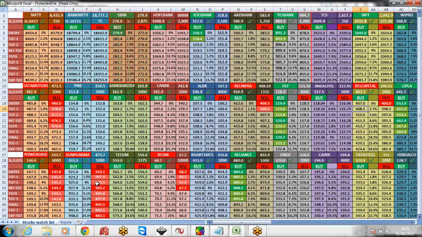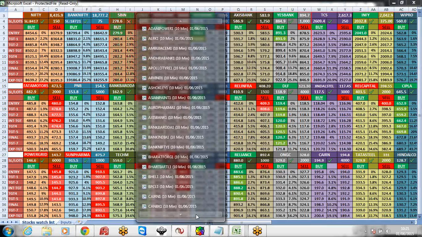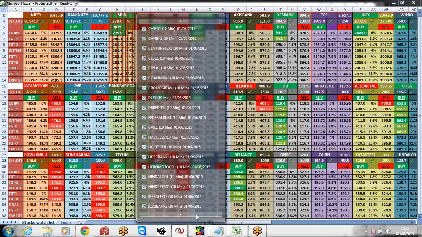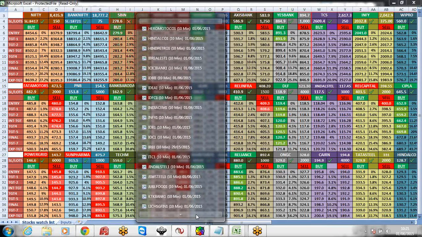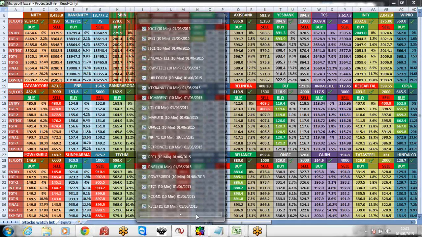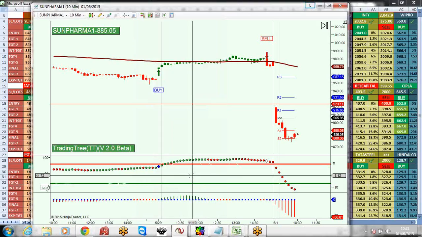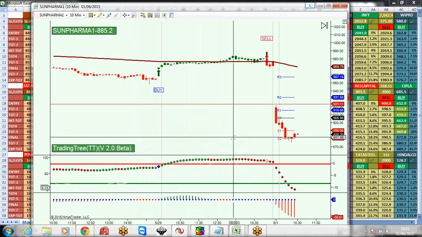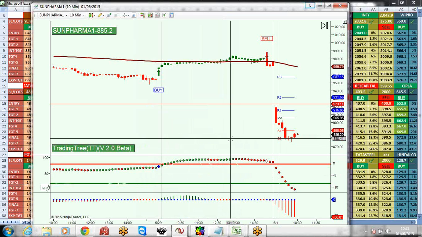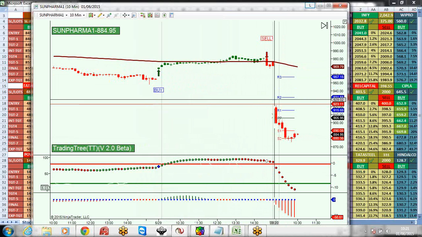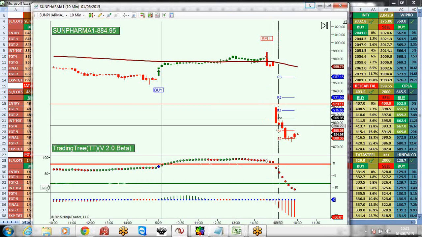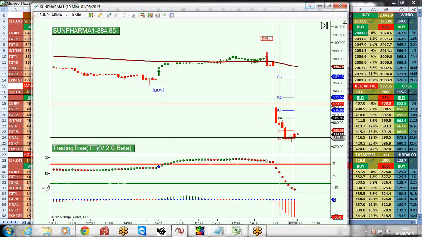Like I told you, Sun Pharma started gap down. But I know the trend here in Sun Pharma. I know what my final profits will be here. So I will wait. I won't prematurely exit any trades which are already in profits. I told you it will make S1, S2. It has already done its S2. Huge gap down, and then it came down. You know that the trade is exhausted here at the S2 level.